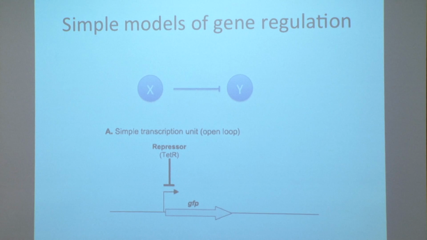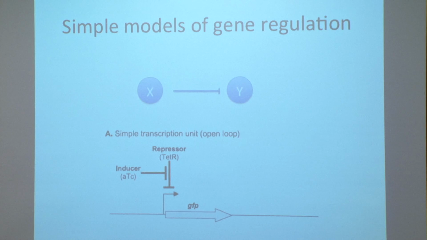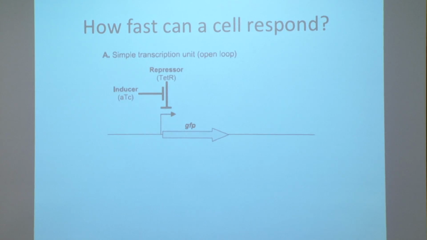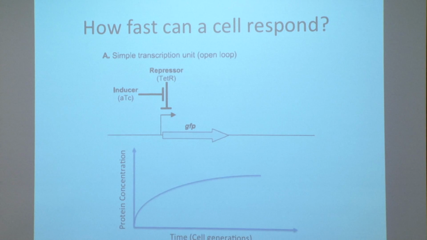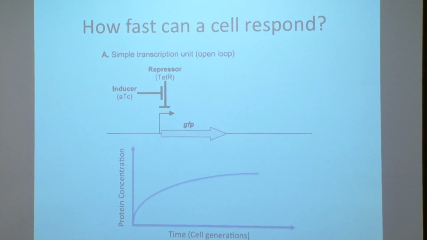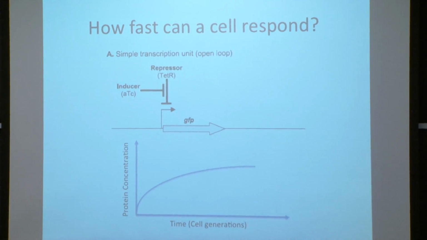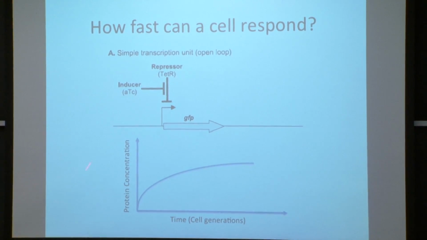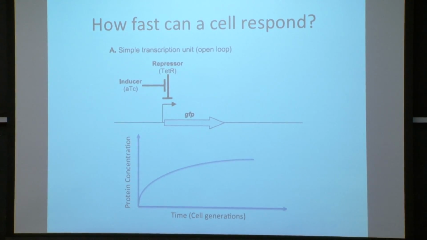And then we can ask questions about, for example, the dynamics of this process. Here we have a case where this is a repressor. If you have this repressor, then it stops expression of that fluorescent protein. Now you can ask, what happens if you start in a situation where the cell is repressing expression of that gene? In this case, the protein concentration is 0, so the cell is not fluorescent.